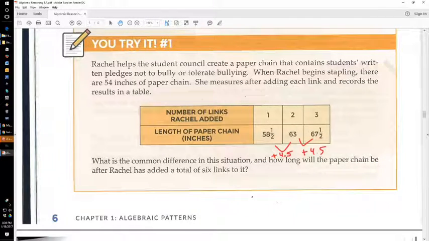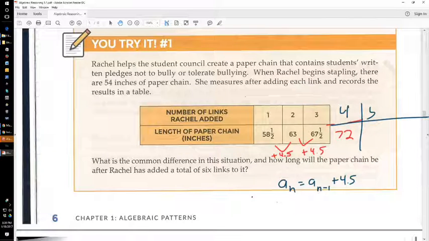All right. So we'll notice, if you wanted to write your rule, whichever a sub n I want, I take the one before it, and in this case, we're adding 4.5. So let's see here. Just follow the pattern. For number 4, add 4.5. So that's 72.